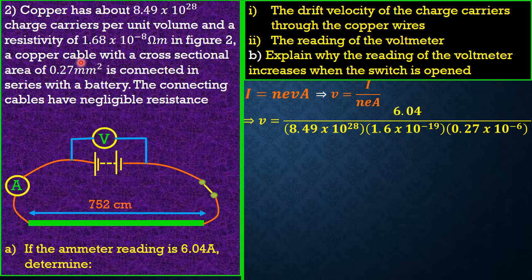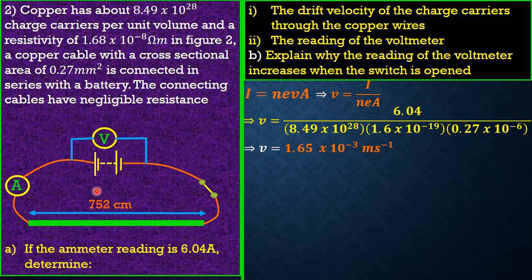Since the prefix milli stands for 10 raised to the power negative 3, if we replace milli by 10 raised to the power negative 3 and square that, we get 10 raised to the power negative 6. That's why we have negative 6 here. So simplifying, we have v equal to 1.65 times 10 raised to the power negative 3 meters per second. The next part says we should get the reading of the voltmeter.